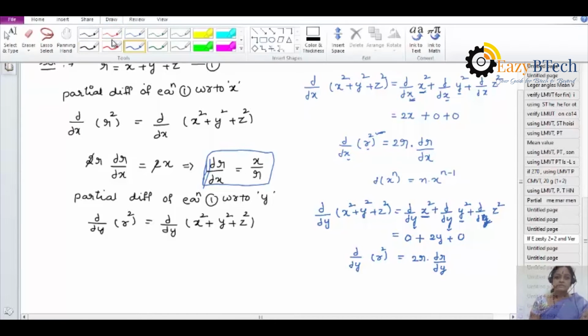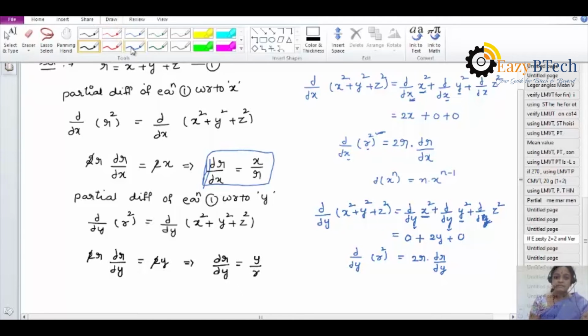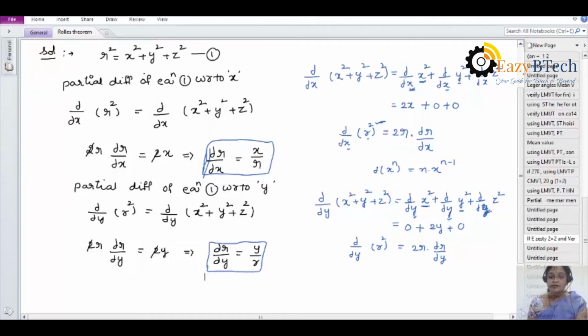Now doing the substitutions: 2r ∂r/∂y is equal to 2y, the 2s cancel, and finally ∂r/∂y is equal to y by r. Keep this answer in your mind. So what is the ∂r/∂y value, students? ∂r/∂y is y by r only.